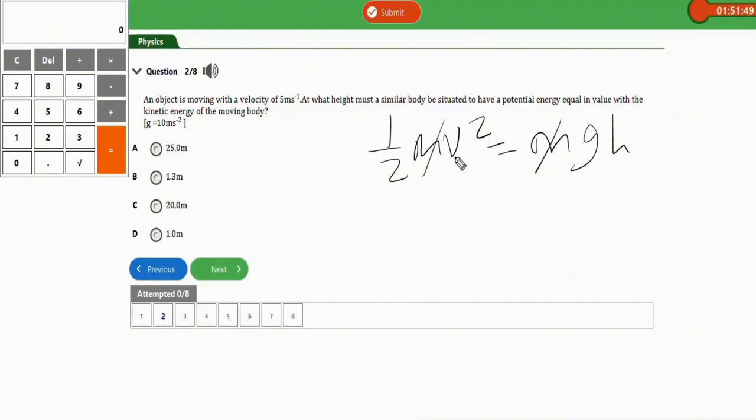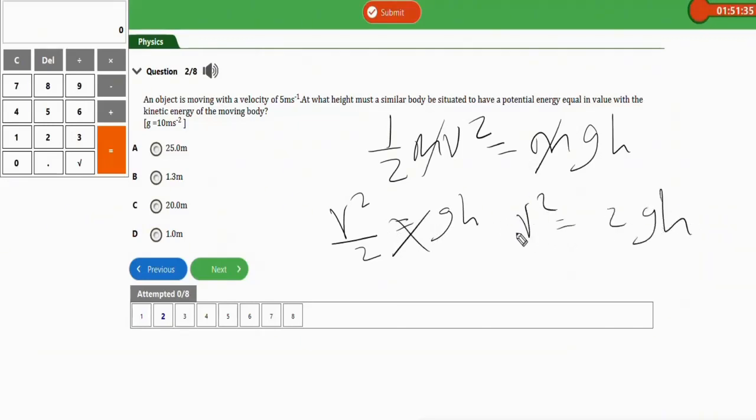This m will cancel this m. So you're left with v squared over 2 equals gh. When you cross multiply, you're going to have v squared equals 2gh. If you make v the subject of the formula, you square root both sides. So your v equals square root of 2gh.